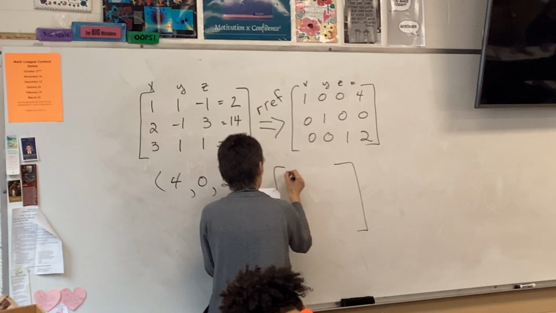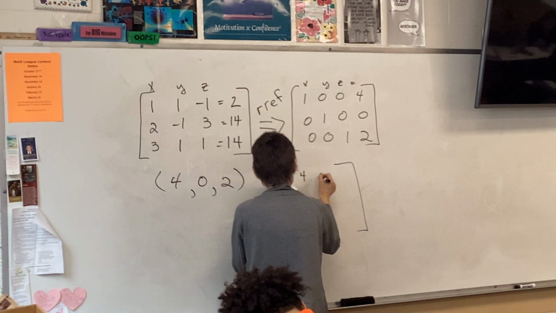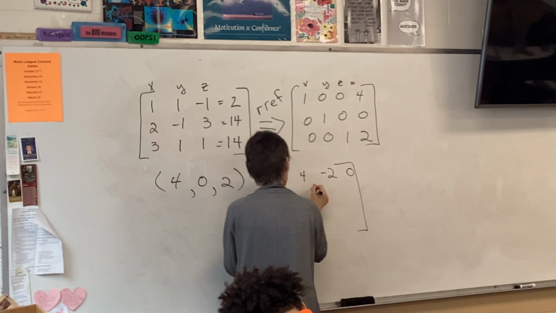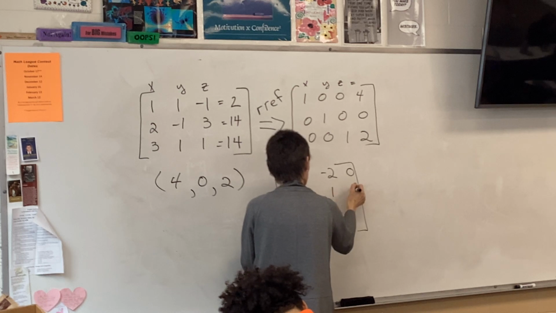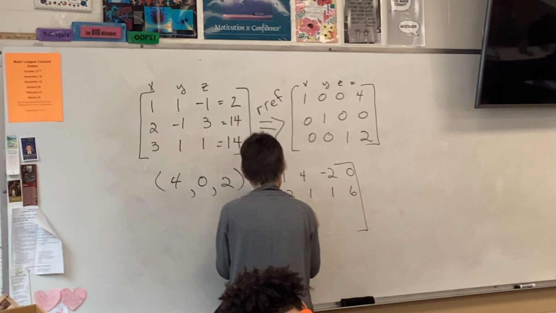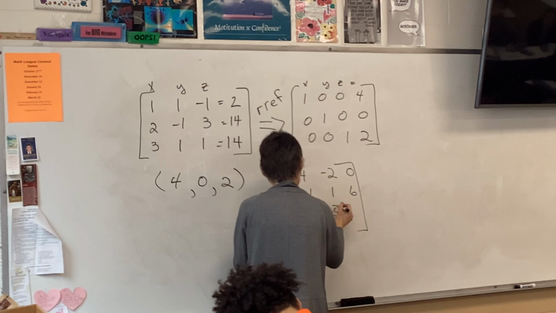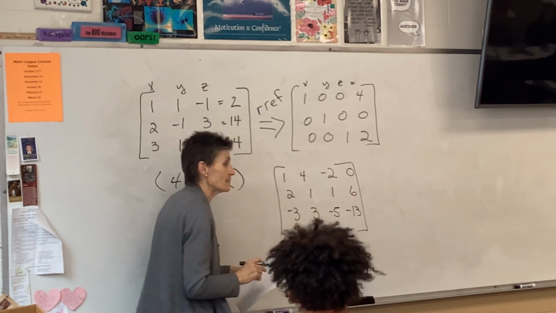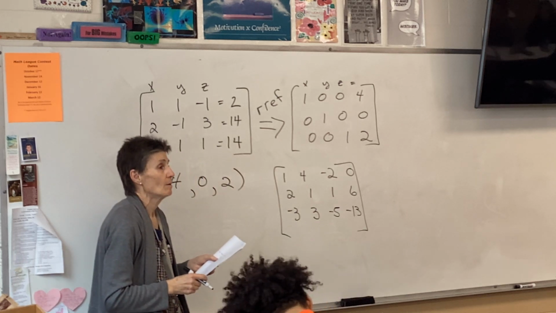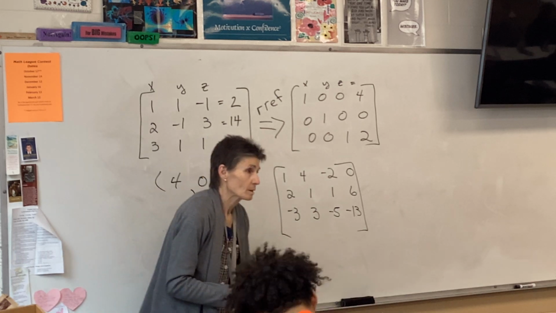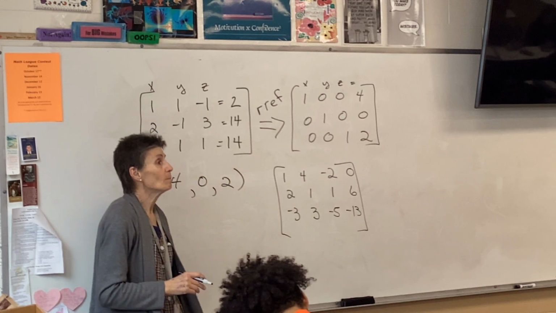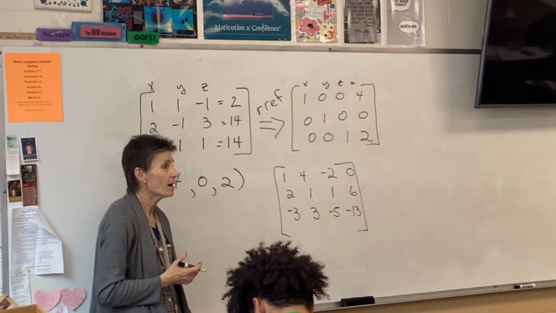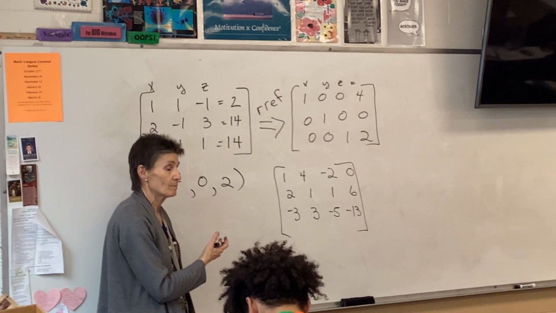Write it down. 1, 4, -2, 0, 2, 1, 1, 6, -3, 3, -5, -13. Alright, so everybody gets those numbers written down. You will mess up if you don't have the right numbers in the calculator, so take your time, get them written down.